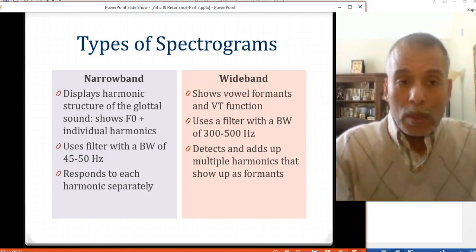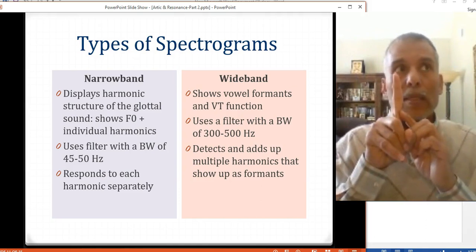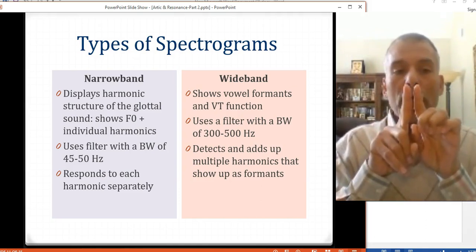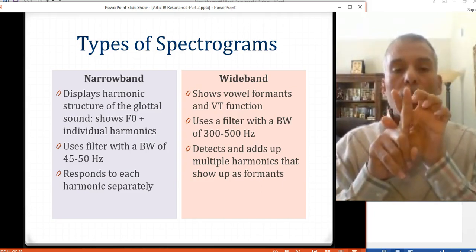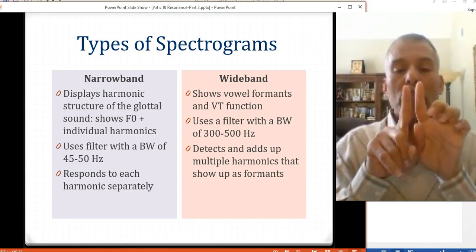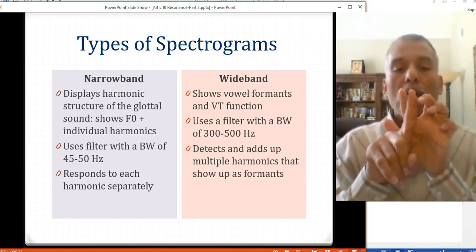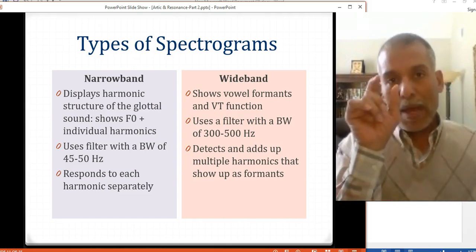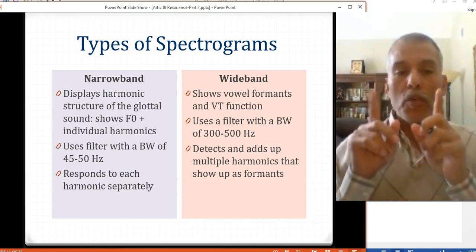So you would have, say, one frequency, let's say that is 500. And then before it, you could have 25 less, and on the other side, 25 more. So it will be 475 on the left and 525 on the right. That is the average. That is the bandwidth that we are using here, between 45 and 50 hertz.